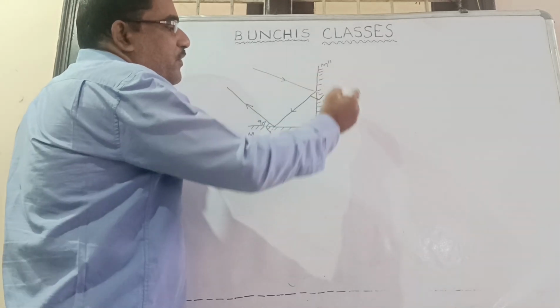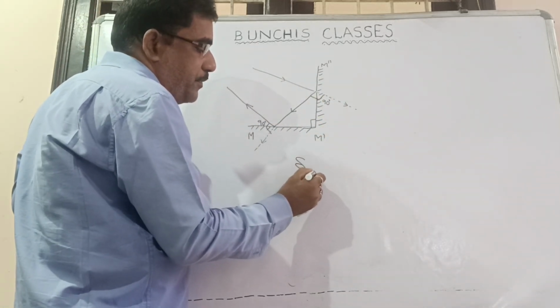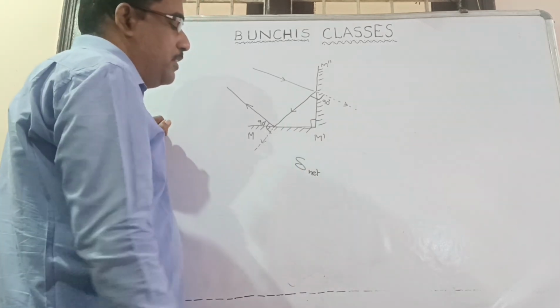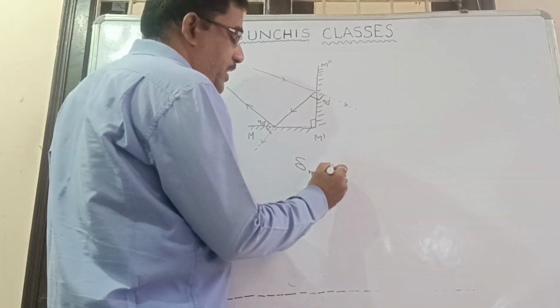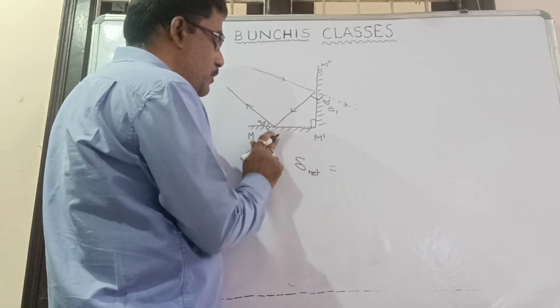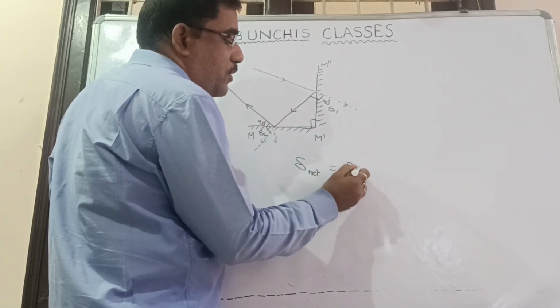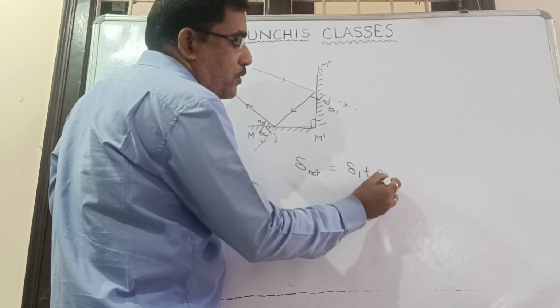Then what is the sum of angle of deviation total? Delta net, that is, total deviation is equal to, suppose this is delta 1, this is delta 2, then delta net is equal to delta 1 plus delta 2.